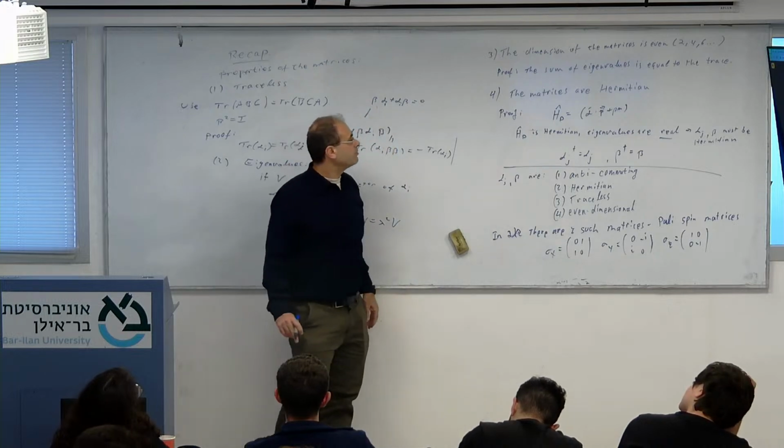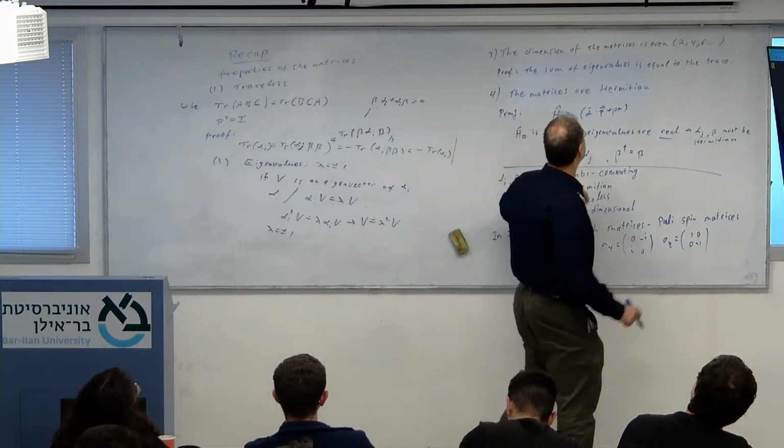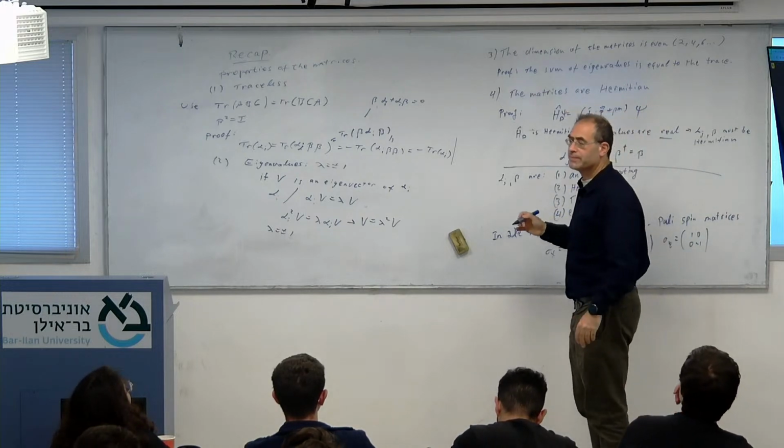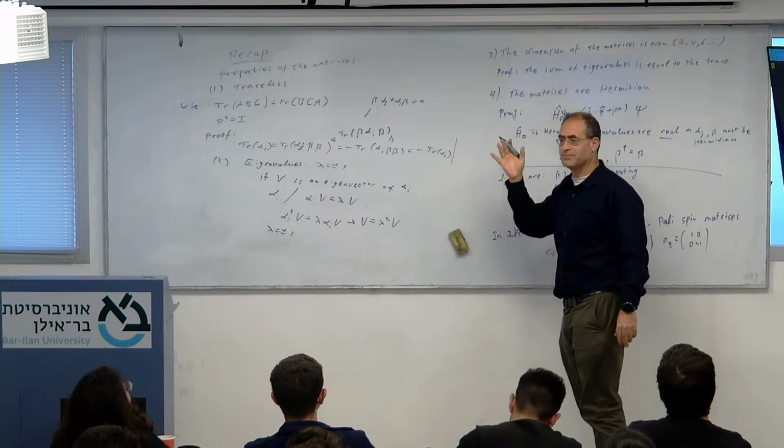And what does it mean about psi, right? In H psi, what does it mean about psi? It has to be a 4-vector.